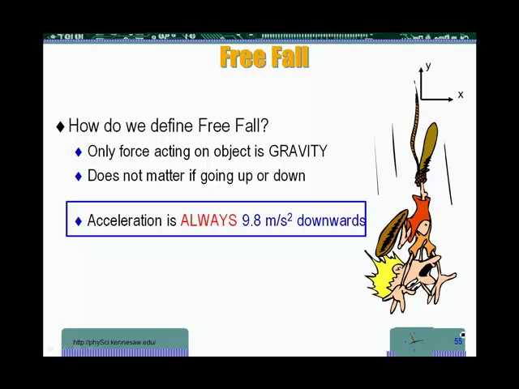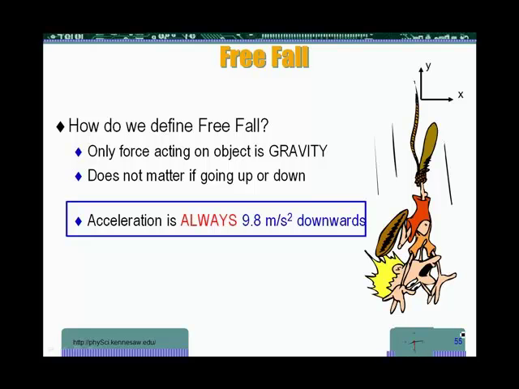Let's describe a few examples. For example, if I take an eraser and toss it towards a friend of mine, then no matter what path that eraser is going to follow, if the only force acting on it is the gravitational force, from the minute it is off my hand, that's important.